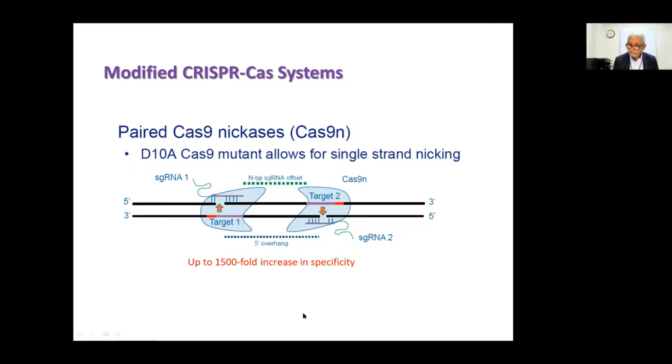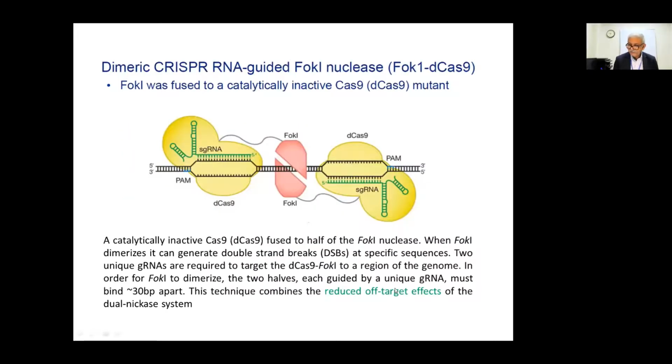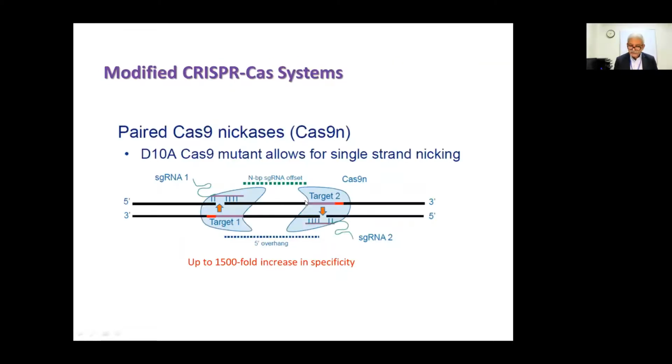So this is one of the modifications that scientists have made. The other modification, different laboratories, they do different things. So in this modification, what was lost by Cas9? Cas9 lost its capability to make a cut in the second strand.